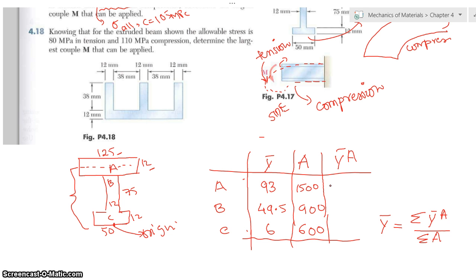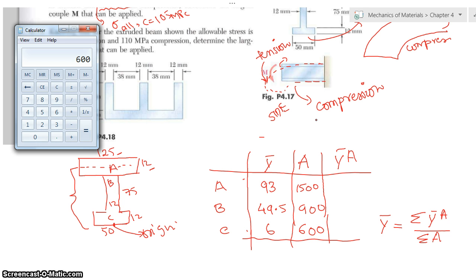So the Y bar times area is 93 times 1500, which is 139,500.